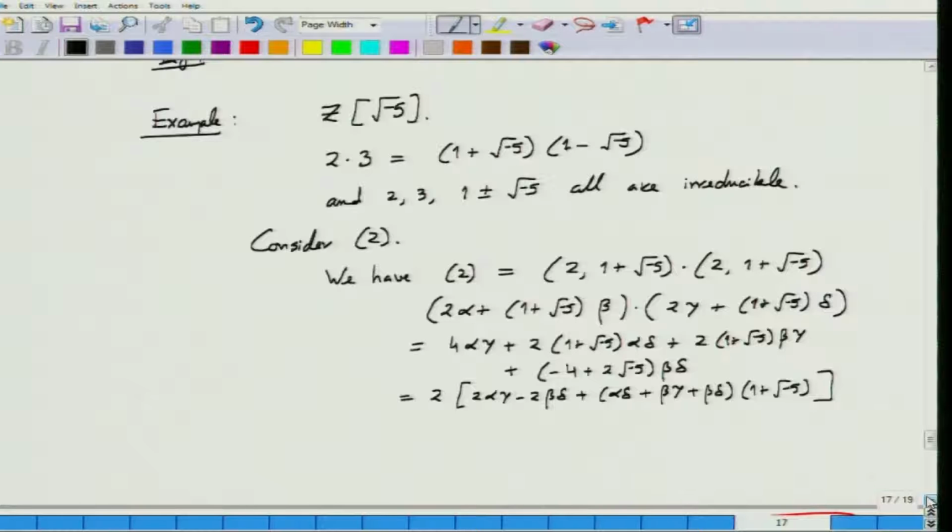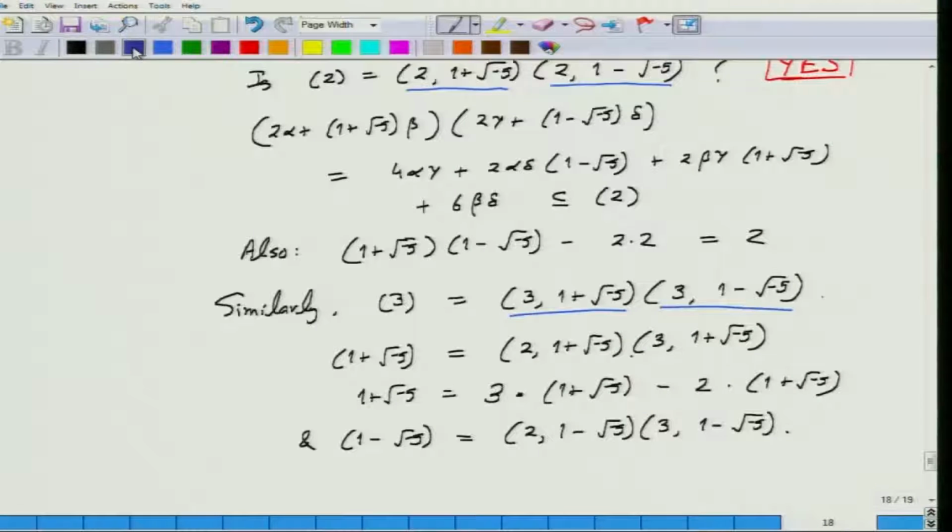Here and here. And now in terms of these principal ideals being factored as prime ideals, the unique factorization property is restored.